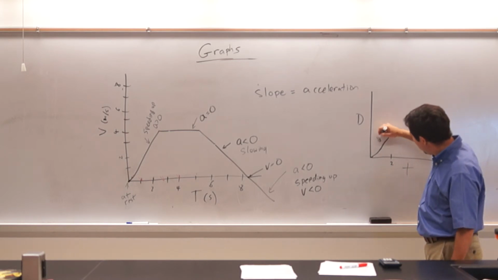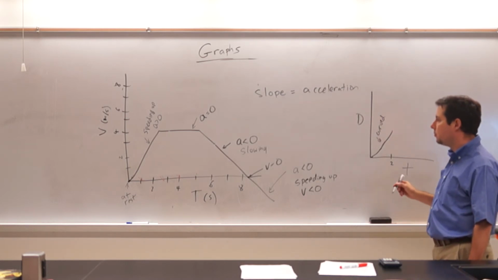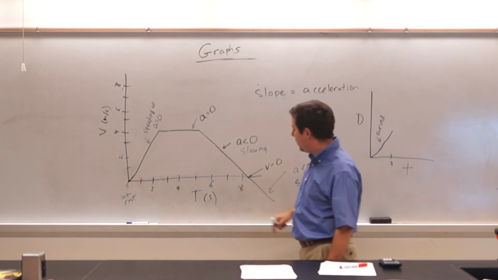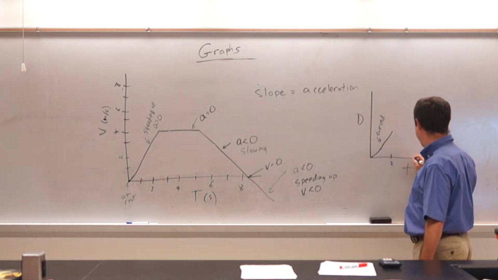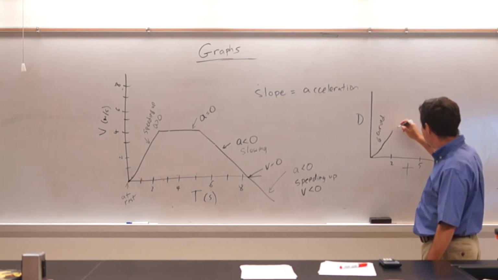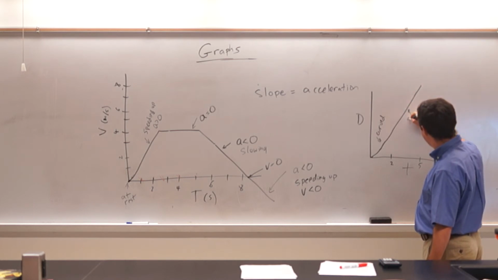So that is curved upwards. At this point, from 2 to 5 seconds, it's moving at a constant speed. If it's moving at a constant speed, that should be a straight line.